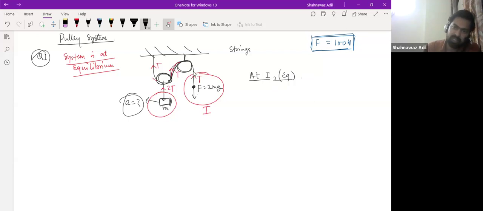Two forces, one is up, the other one is down. F is equal to simply T, because they have given the value of F, that is 2 mg. So tension is 2 mg.